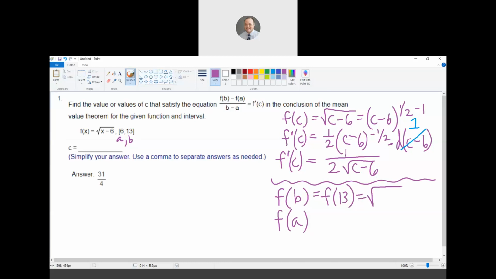And that will give us square root of 13 minus 6, or just square root of 7. And next up, plug in f of a with a being 6 into your original function. And that would just give you 0.